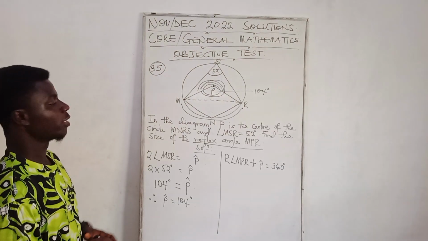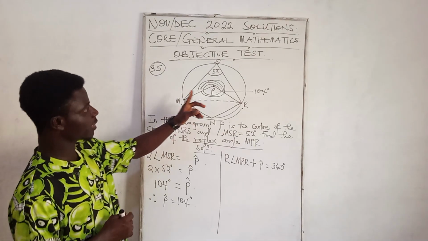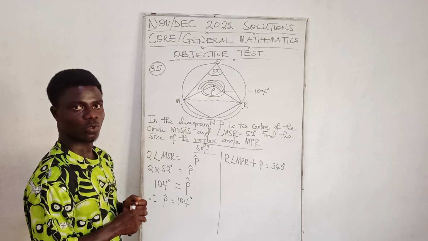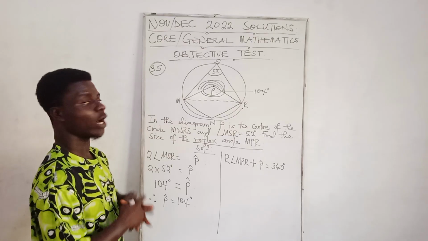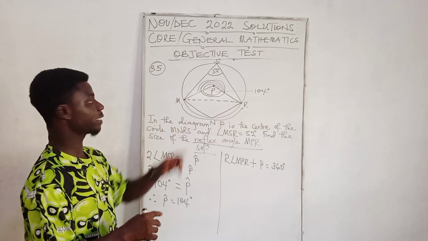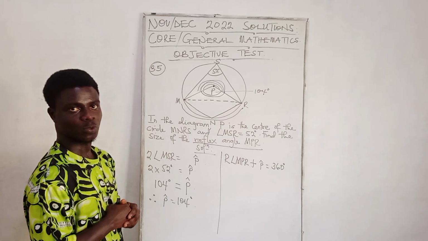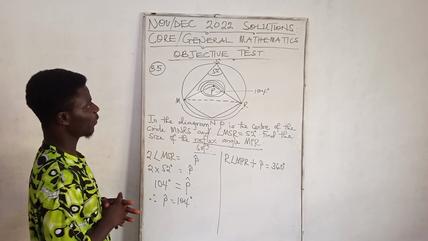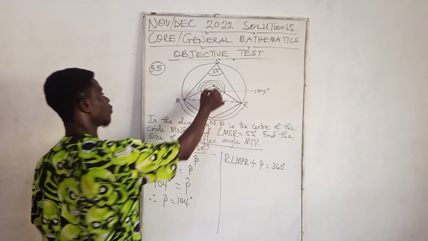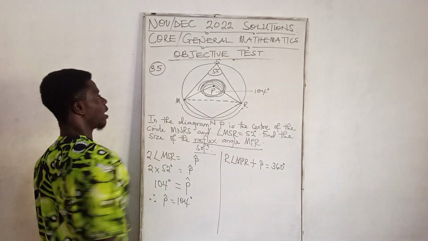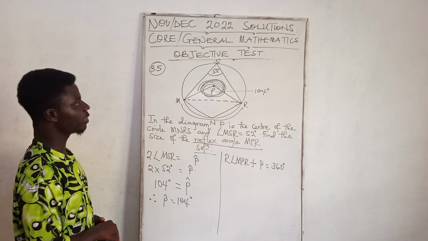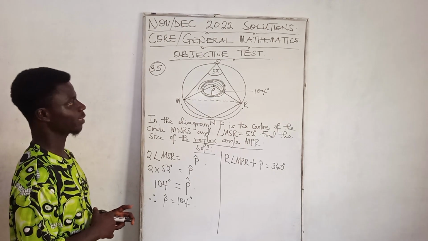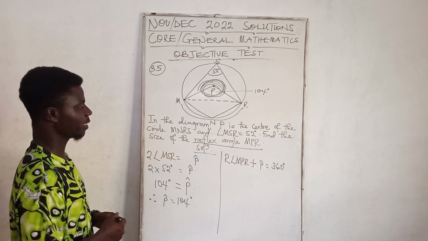So angles which meet at a point add up to 360 degrees.